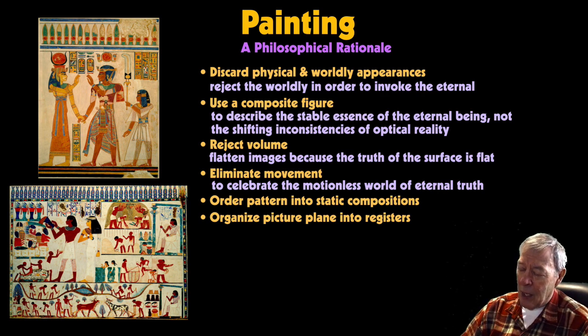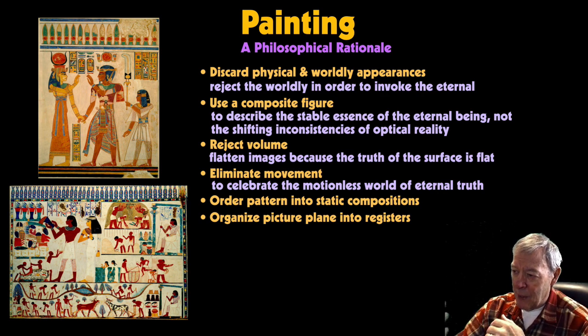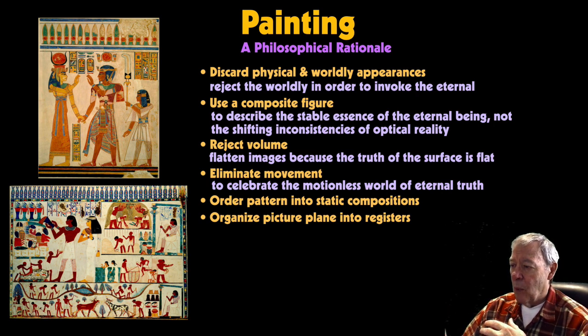So again, how can you represent that visually? Well, eliminate movement would be one way of doing it in order to celebrate the motionless world of that eternal truth. Truth doesn't move, doesn't change, doesn't shift from position to position. So neither does the artwork that represents it.